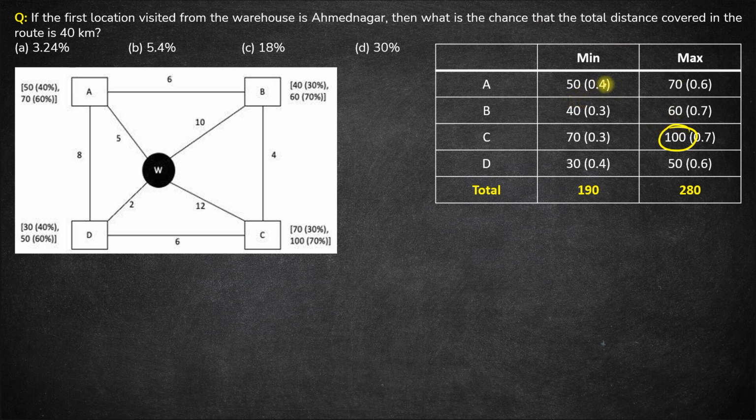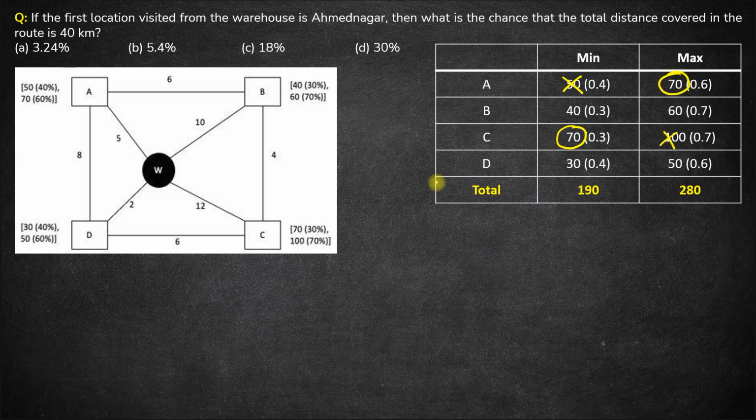There is no other location which can have a demand of 100 or more than 100. So C's demand 100 is not possible if A has to be the first location. That means C's demand should definitely be 70. Okay. And now if C's demand is 70, A's demand should be at least 70 or more than 70. So demand 50 is not possible. Demand 70 is the only case possible.